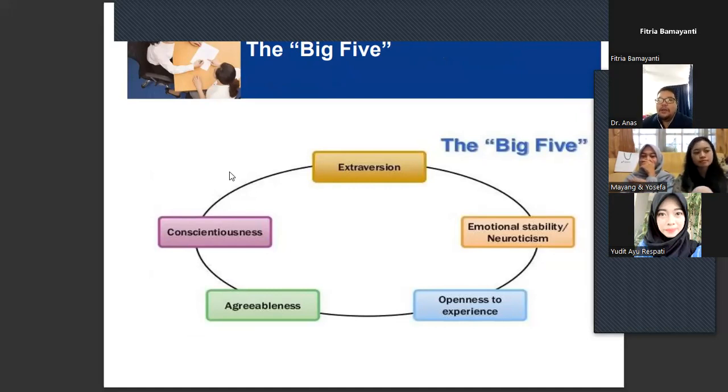From the Big Five, employers or interviewers, all the companies, can know about the person: whether this person is extraverted, emotionally stable or neurotic, open to experience, agreeable or conscientious. So these are the tests the company, employers or interviewers use to know which category this potential candidate falls into. Okay, next.